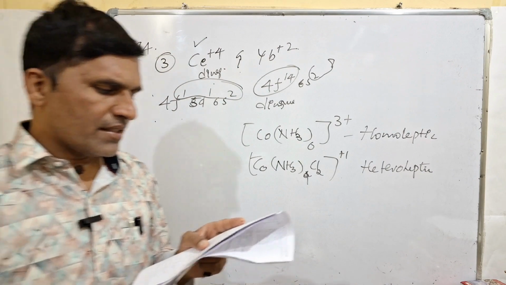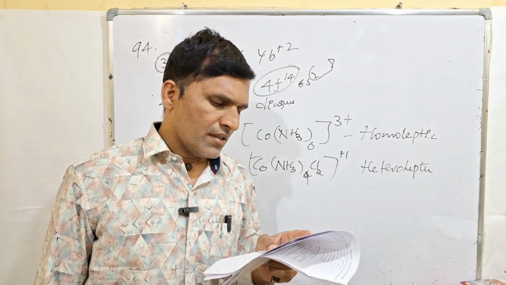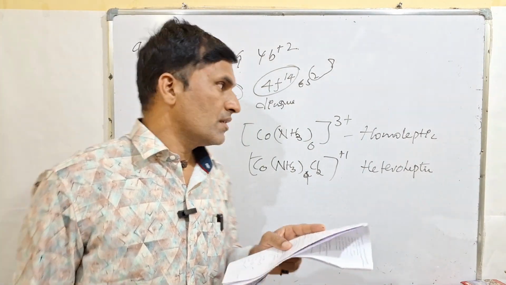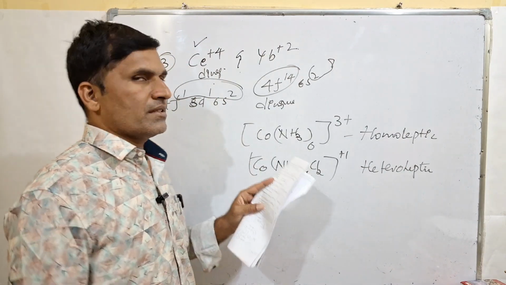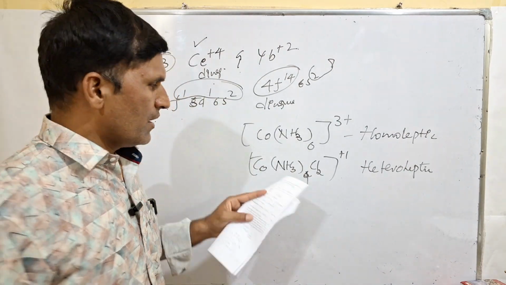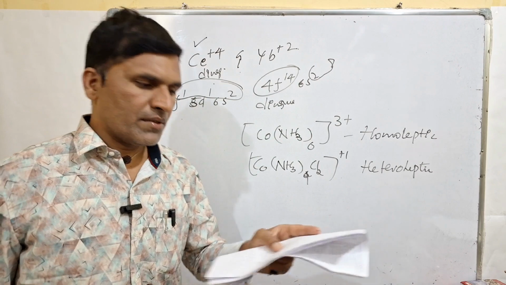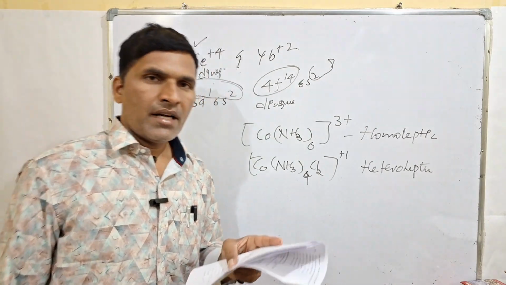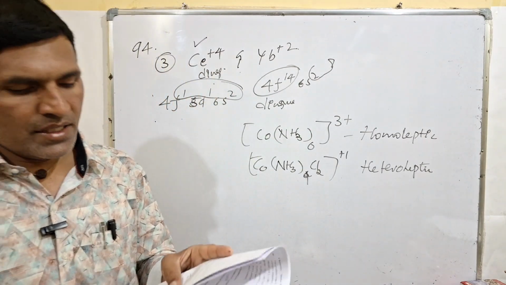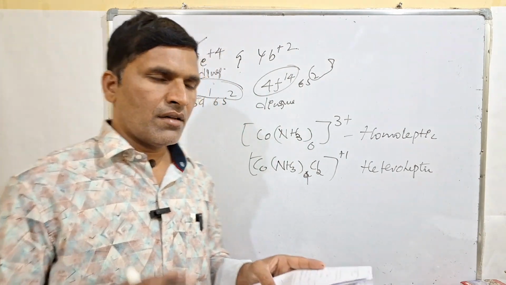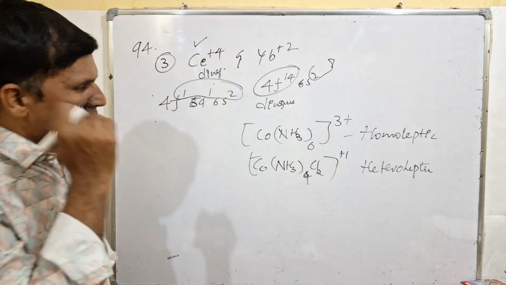Fine. Second statement, what he has given: complex hexaamminecobalt is having only one type of ligand, and this complex is having two types of ligand. He is asking what about the statements, which are correct or wrong.